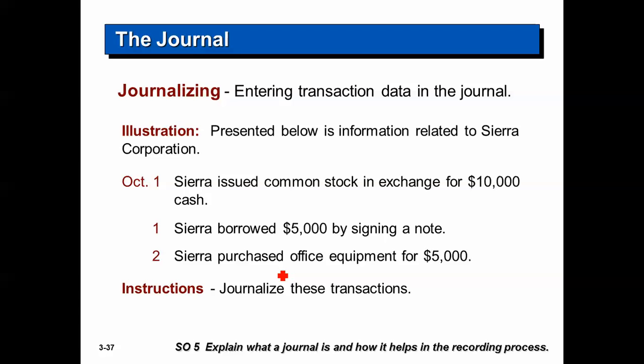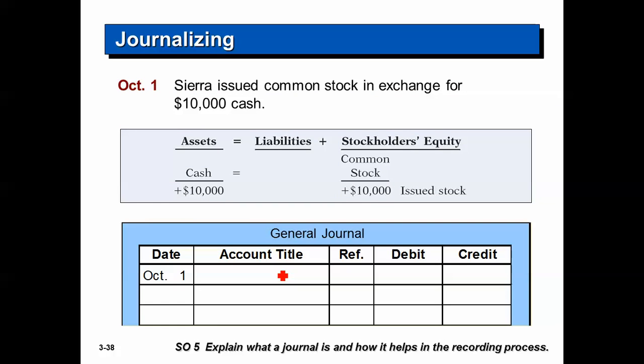Journalizing, for example, we have these 3 journal entries. Sierra issued common stock for $10,000. How do we record that? Well, cash goes up and common stock goes up. We always record the debit first, and you notice we record it very close to the line, right next to the line.